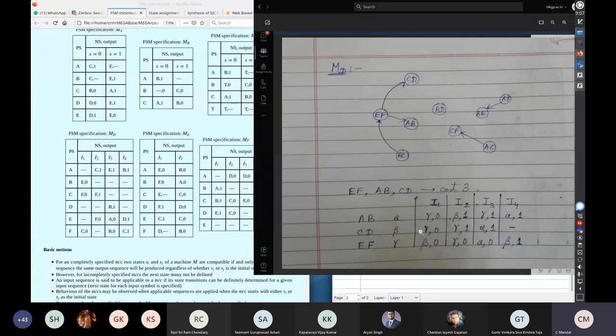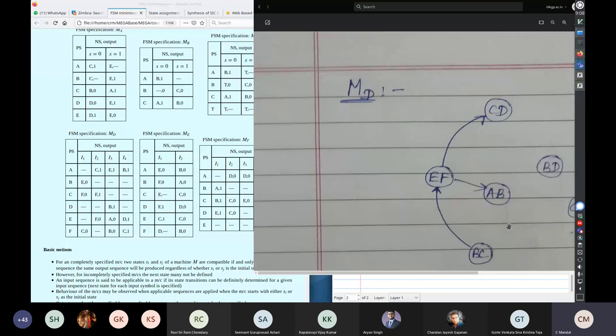Shobita, one point to note is that when you're minimizing the machine, the machine that you have proposed here is not implementable as yet because this part is not yet known.